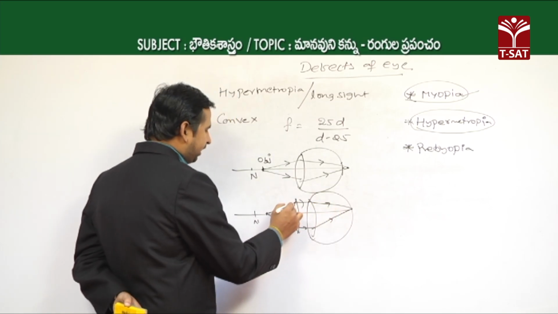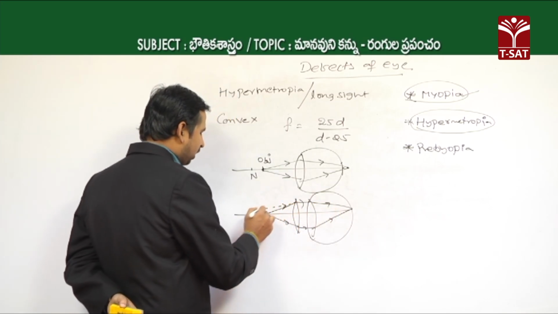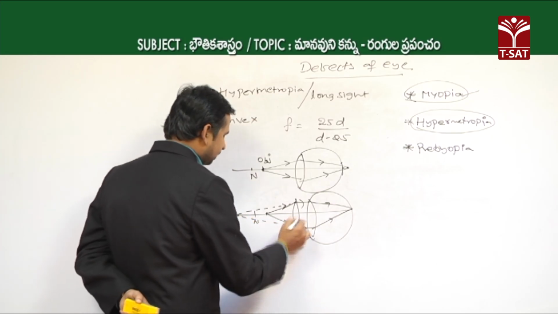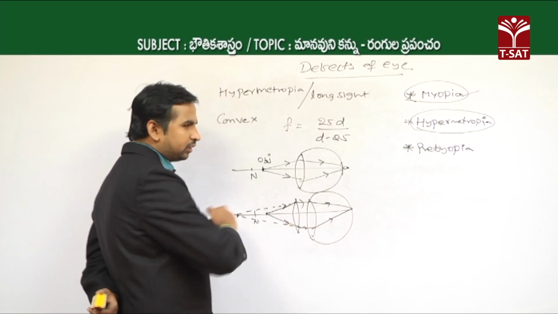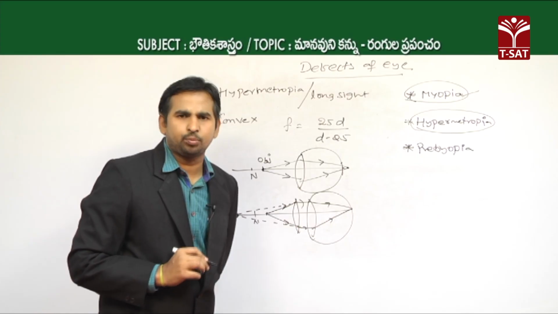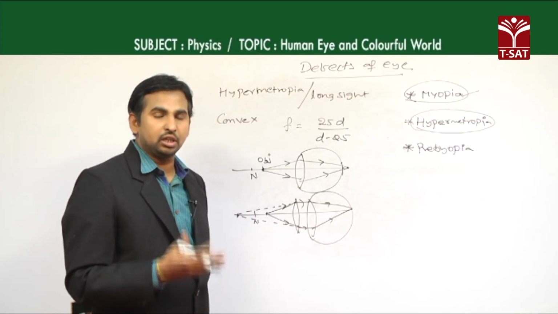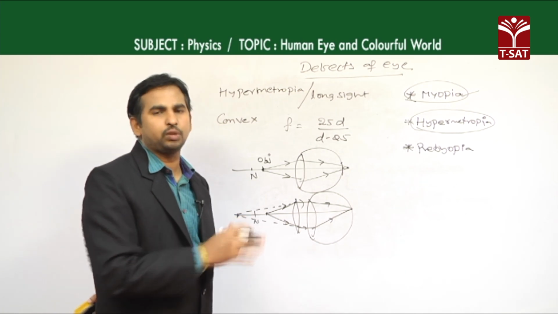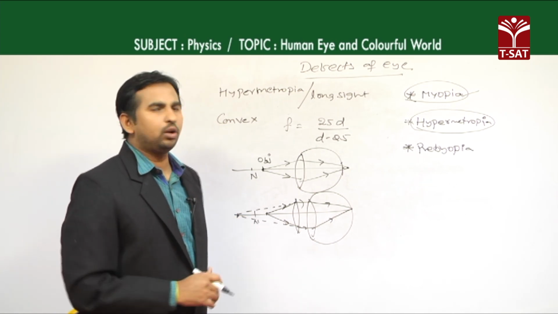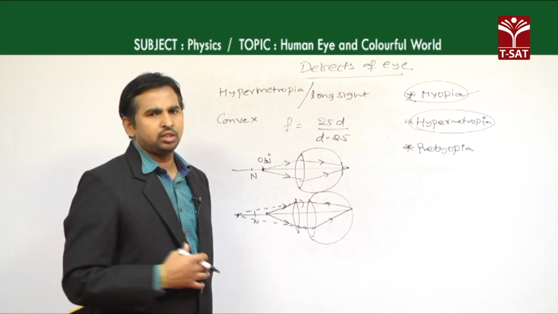The light rays appear to be coming from a far distance, which means after the near point. If the object is placed after the near point, we do not have any problem seeing it.